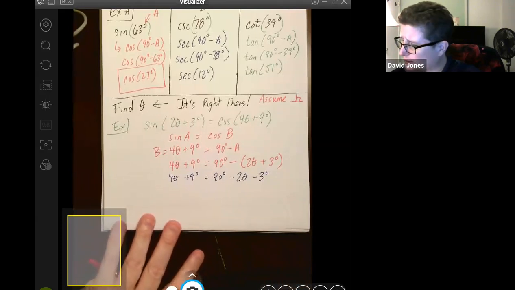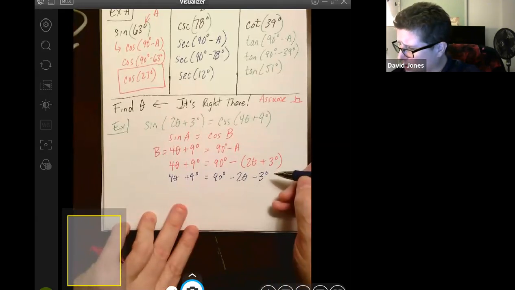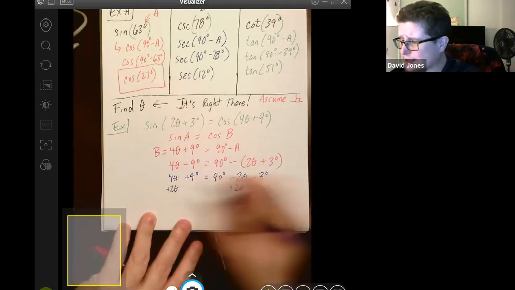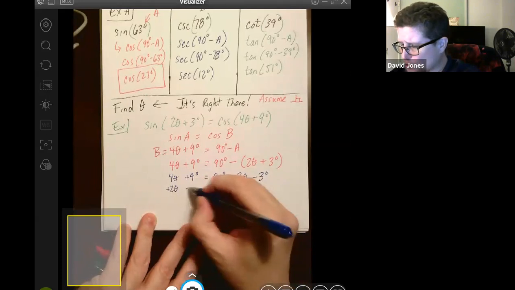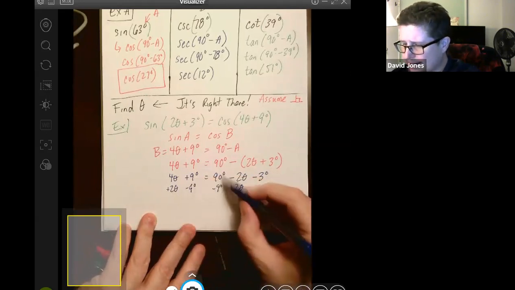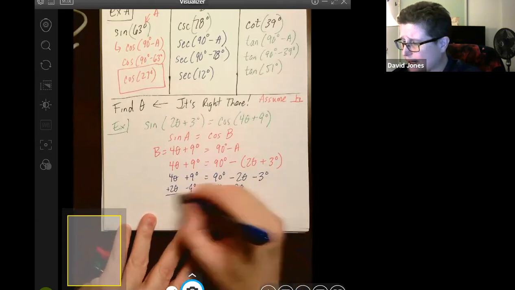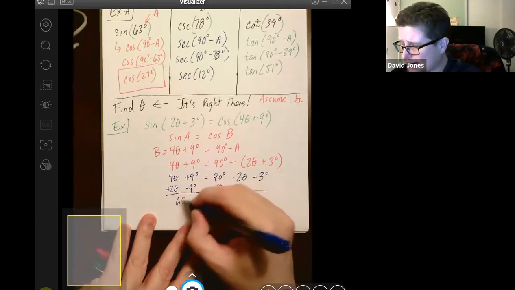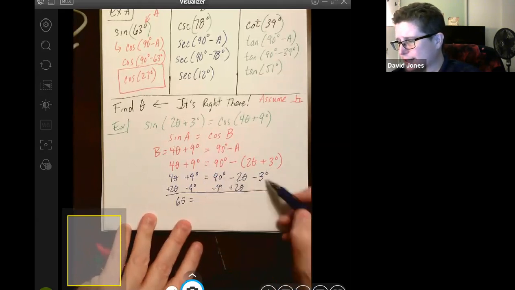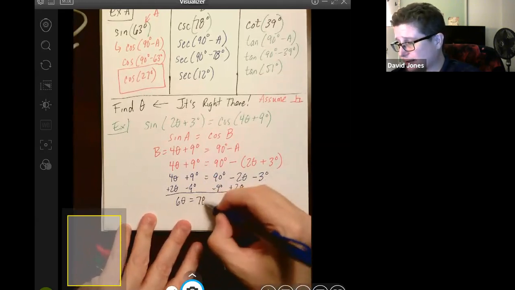So what do we have here? I'm going to add 2 theta to both sides. Get all my thetas on the left. I'll subtract 9 degrees over here to get it on the right. And we'll combine the 90, negative 9, and negative 3. I've got 6 theta equals 90 minus 9 is 81, minus 3 is 78.